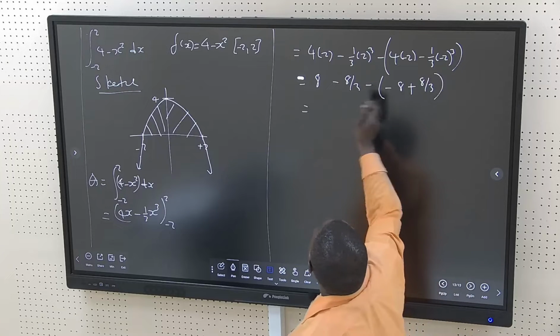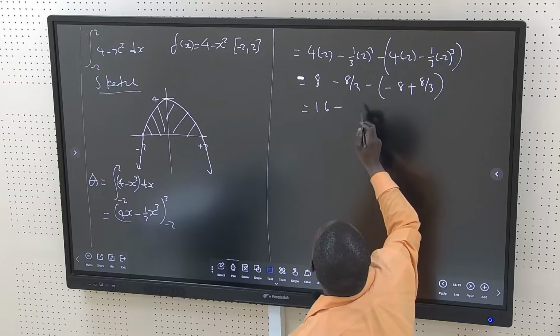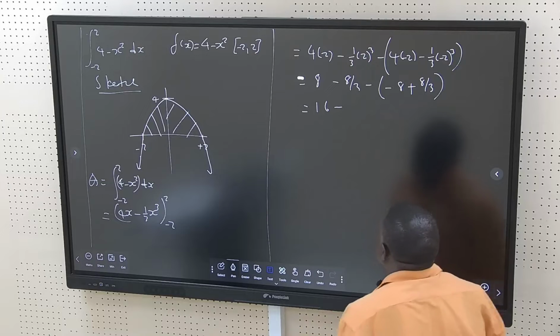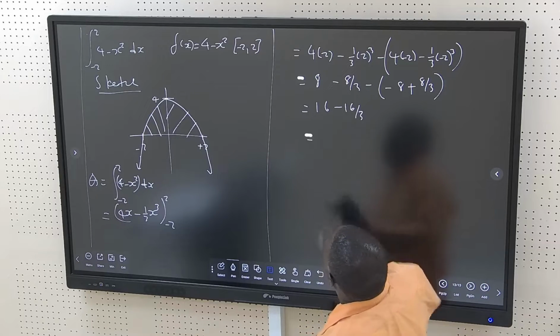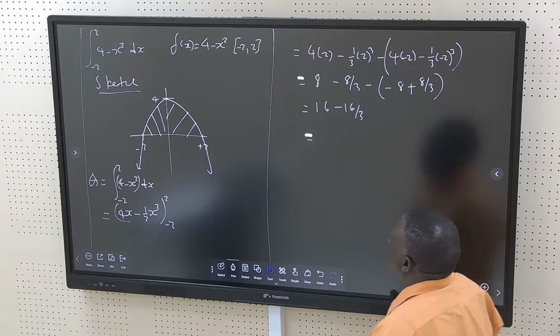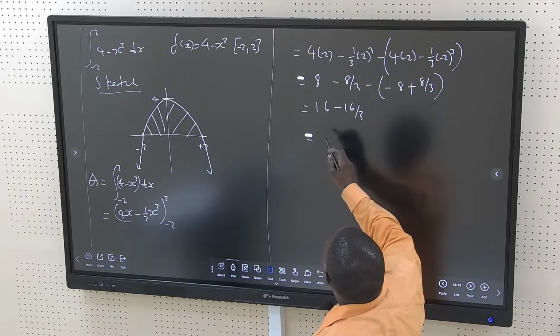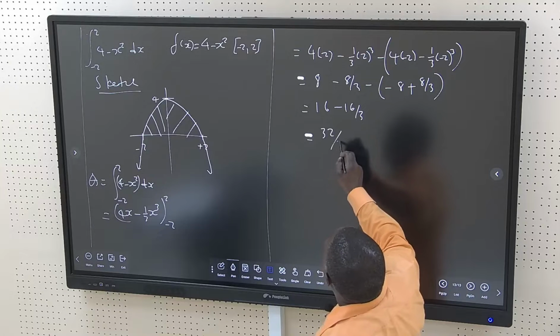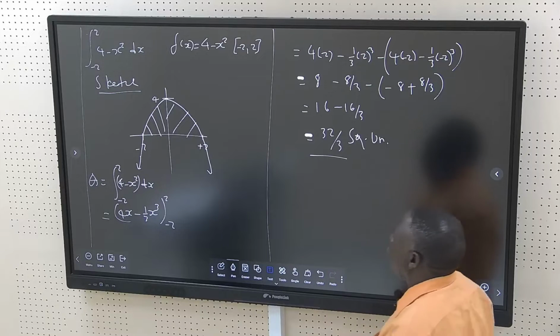You see, this is positive, so it is 16 minus, and this is negative, so this is 16 over 3, which is 32 over 3. We say this is in square units.